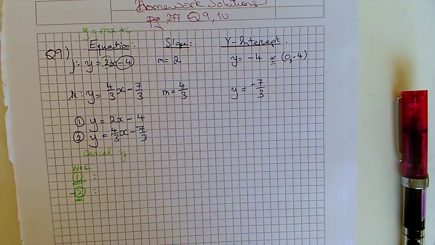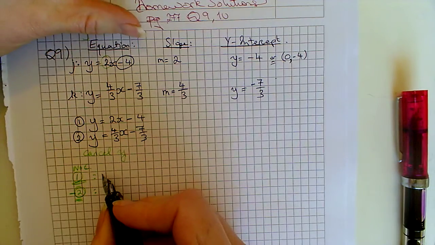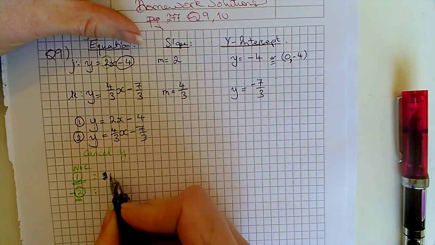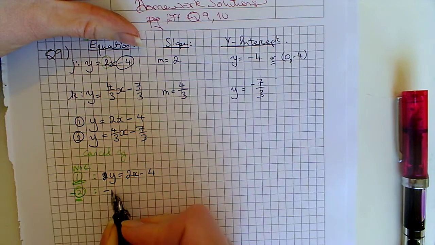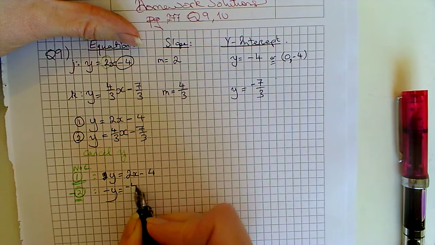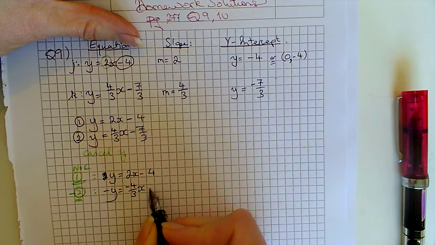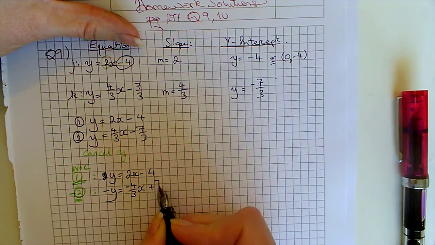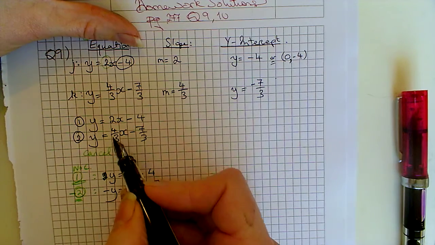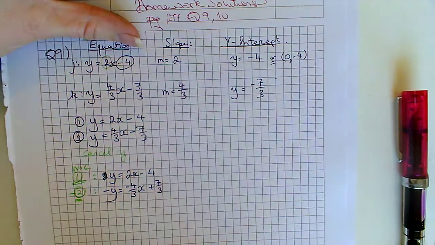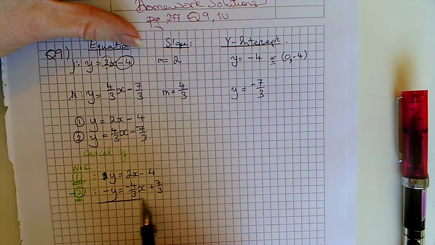Means that I have to change every single sign. Of course, we have fractions in equation 2, but that's okay. So minus y equals minus 4/3 x plus 7 over 3. So I've changed the sign of the y, I've changed the sign of the x, and I've changed the sign of the constant.